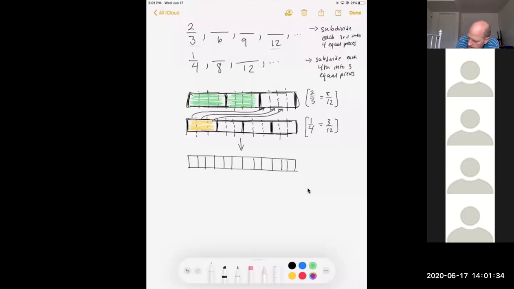And I have filled in up to here, all 11/12ths. So I'm going to shade in all the way to 11/12ths right here. So my answer is 11/12ths.